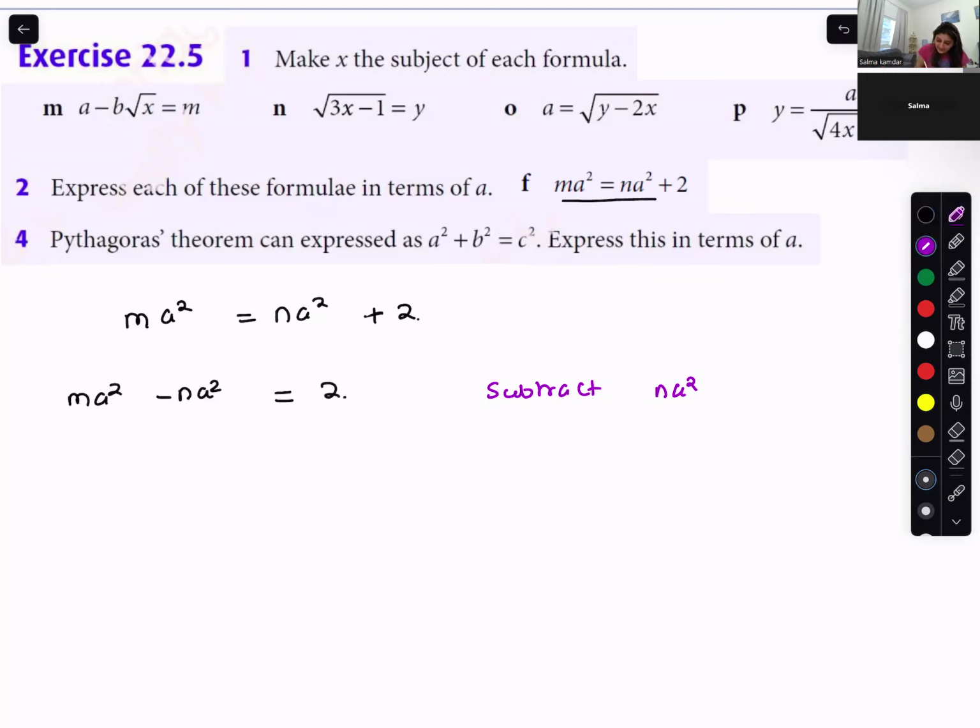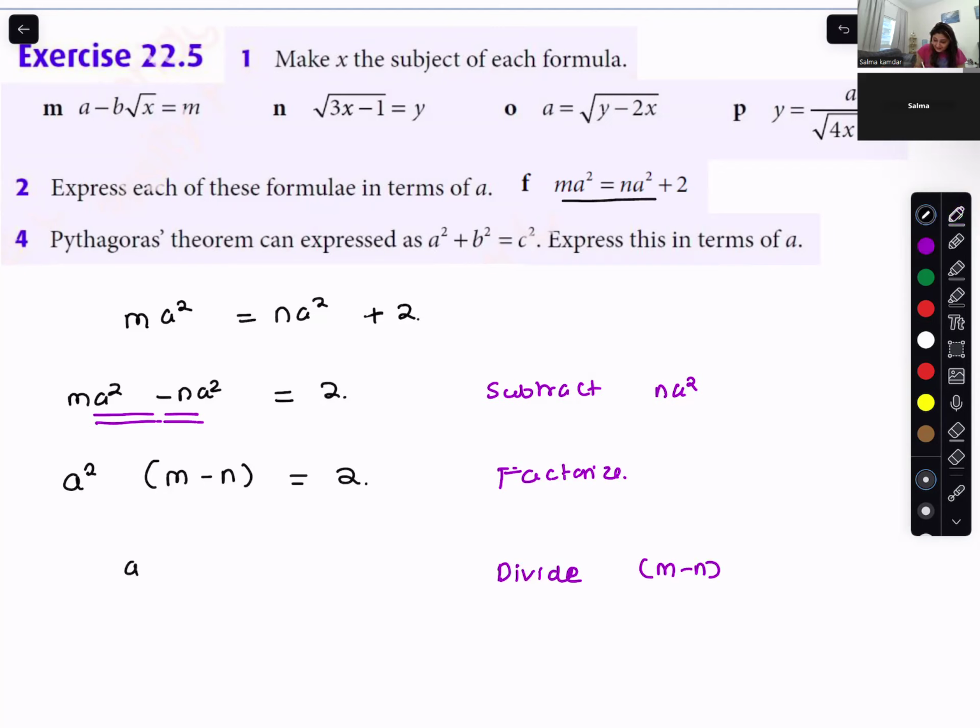Then I can factorize the left hand side. So a square, whatever is the same, comes outside, and then I will have m minus n. That will be equal to 2. Then I will divide both the sides by m minus n.